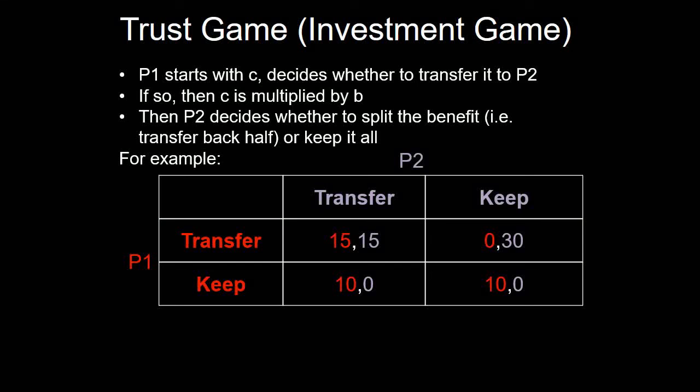If player one decides to just keep the 10 units, then player two doesn't get to do anything, and player one gets 10 and player two gets nothing. That's okay for player one, and not great for player two, but whatever. Whereas if player one decides to transfer it, the 10 turns into 30 units, and then if player two decides to transfer back and split it, they each get 15. Whereas if player two decides to just keep it, player two gets 30 and player one gets nothing.